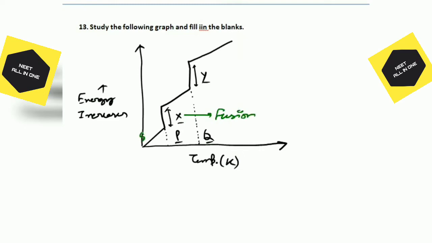That is from solid it's becoming liquid, and then it becomes vaporization or gas. So what is happening here is fusion, solid to liquid. And for Y, it is our vaporization, right? It's from liquid to vapor. Now what is the P here? Solid is converting to liquid, and that point of temperature is called what? That is our melting point, right?